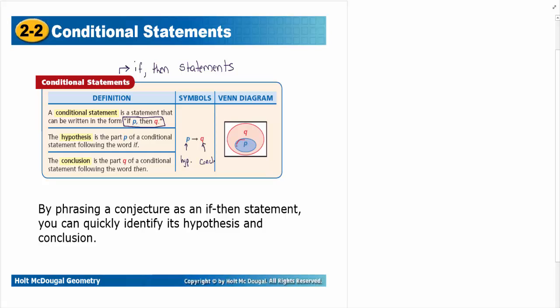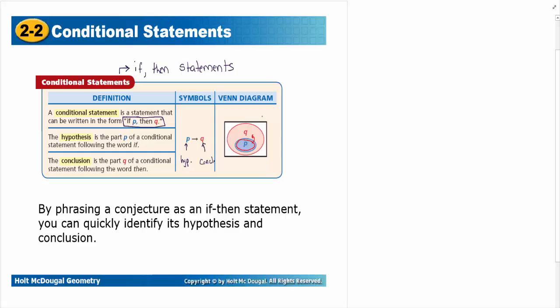what you have is your hypothesis, if you look at it as a Venn diagram. This is "if the sun comes up," or some of the other statements that we had, but this is your hypothesis. Now from that you're going to get a conclusion. This conclusion only occurs if this thing occurs, so that's why the hypothesis is within the conclusion.